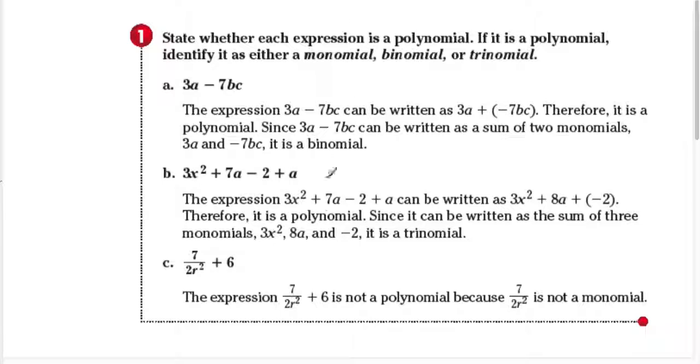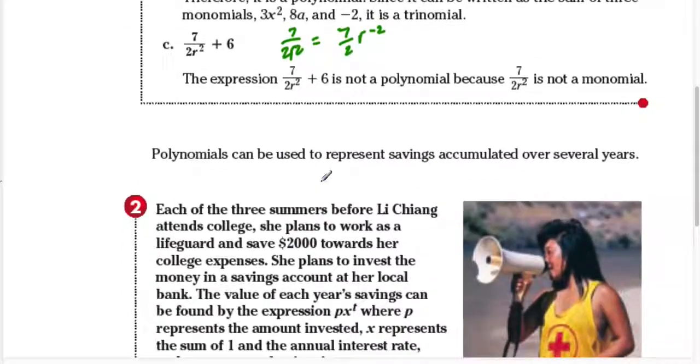When you say 7 over 2r squared, this is the same as 7 over 2 times r to the negative 2. So that also is an indication that this is not a polynomial, simply because you have a negative exponent on the variable. Okay, so let's take a look at example number 2.